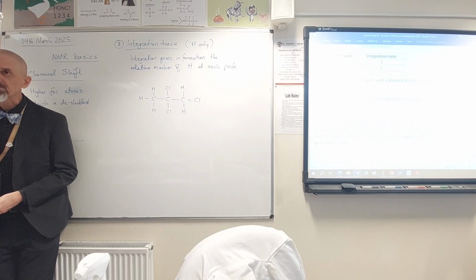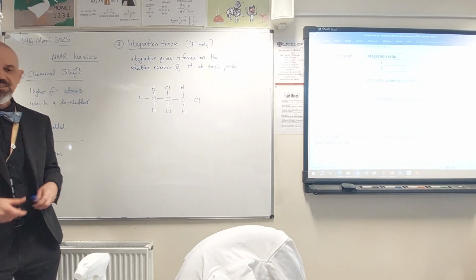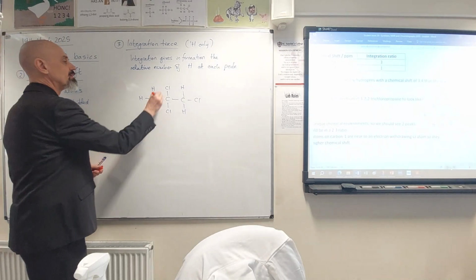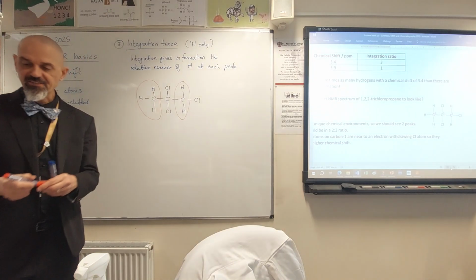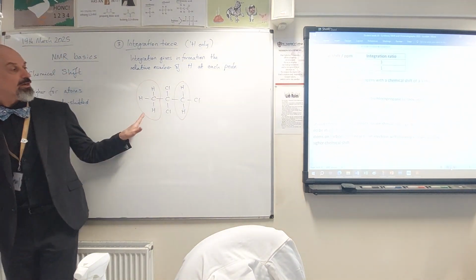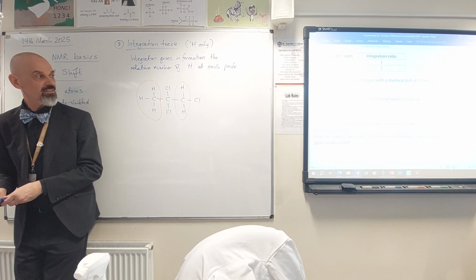So first of all, number of peaks. We're looking at proton NMR now, remember. So 2 peaks, because I've got some hydrogens there, they're equivalent, and some hydrogens there, they're both equivalent. So 2 separate peaks.